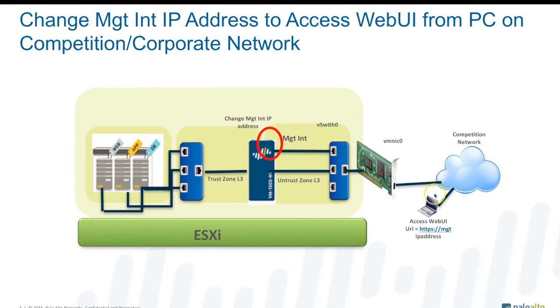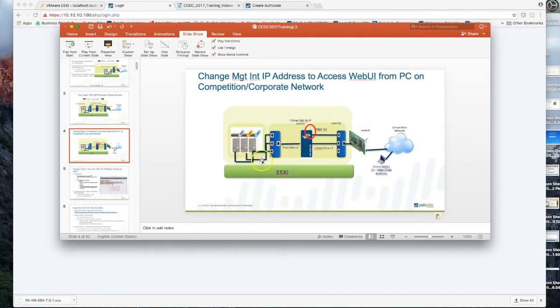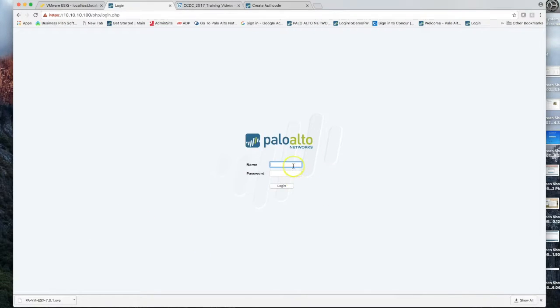Later on, we're going to shut off management access this way, so we will only be managing it from the trusted interface in our trusted zone. In our last video, we accessed the Web UI management interface, so let's take a brief look at what we did last time.